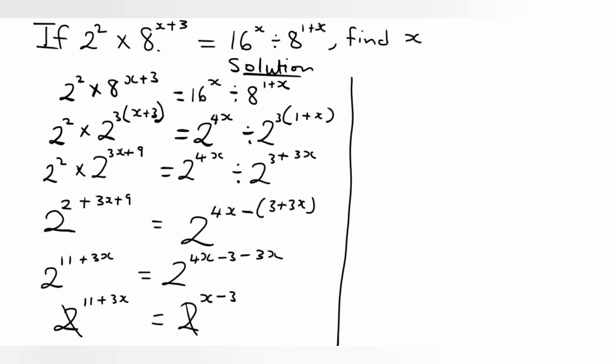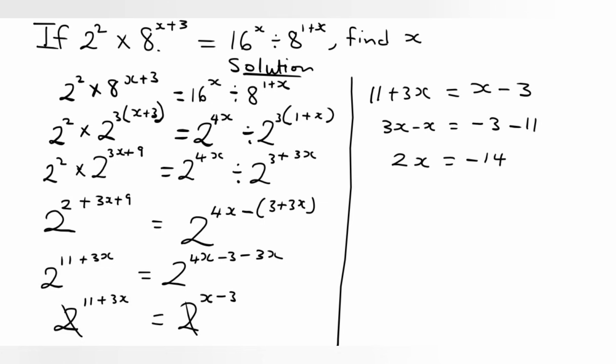Alright, so equating the powers together with each other, we have 11 plus 3x equal to x minus 3. So collecting the like terms now, we have 3x minus x equal to minus 3. So this 11, if I take it to the other side, I will have minus 11. 3x minus x will give us 2x equal to minus 3 minus 11 will give us minus 14.